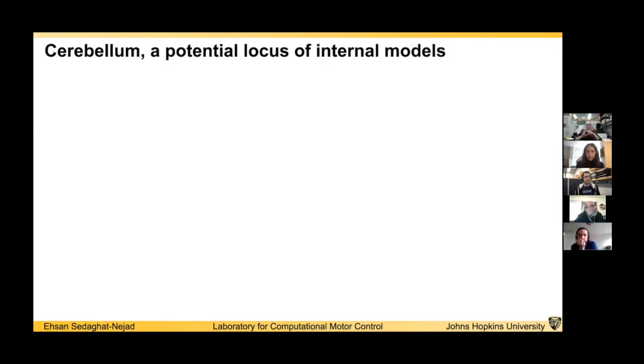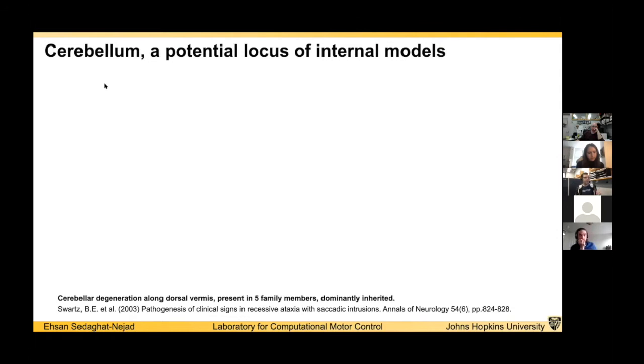And that's what we are studying in our lab: how these internal models are implemented in the brain, and what the neural substrate for those is. From patient studies and also animal lesion studies, it has been established that the cerebellum is a potential locus, and is very important for the implementation of internal models.